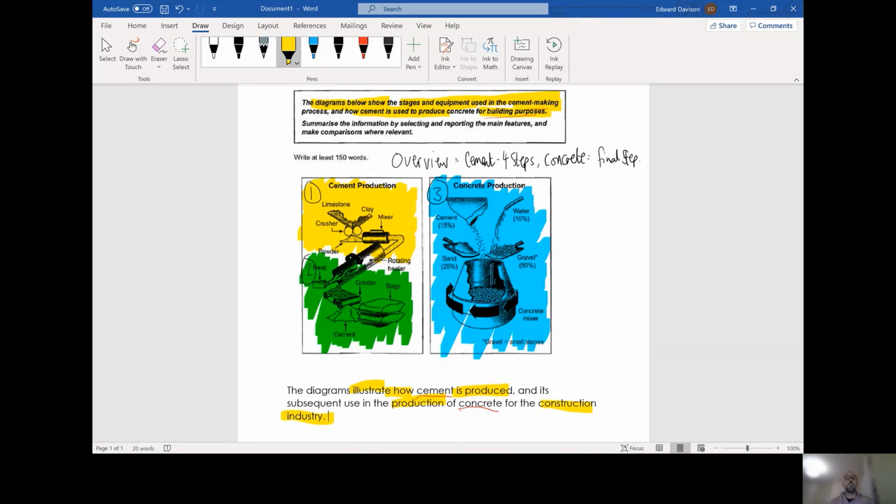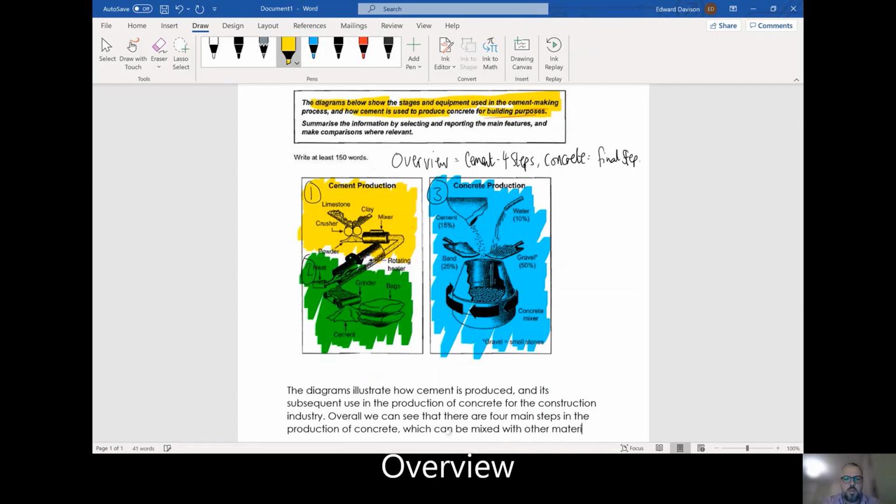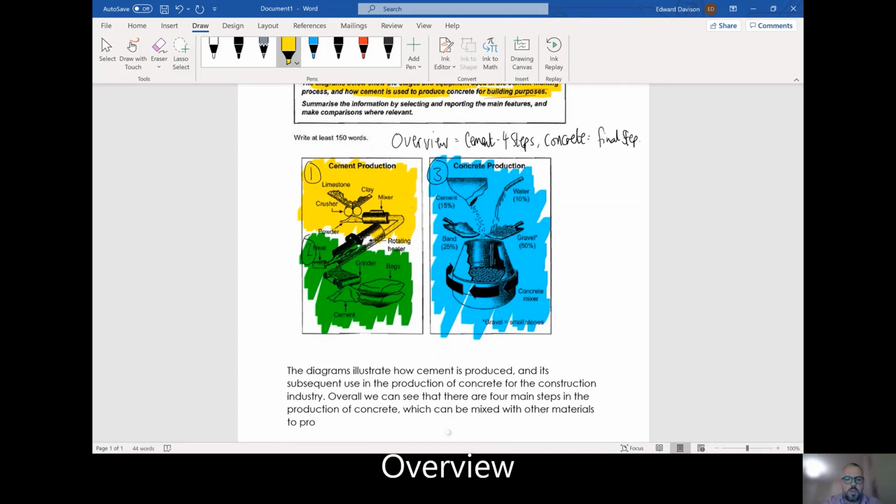Next sentence, overview. Overall, we can see that there are 4 main steps in the production of concrete, which can be mixed with other materials to produce cement.